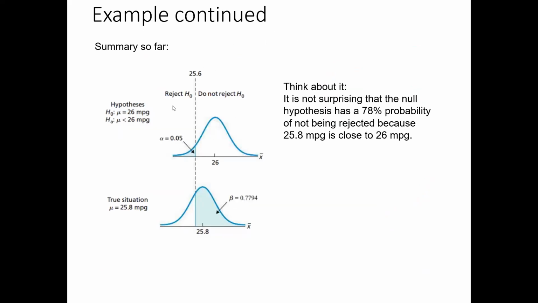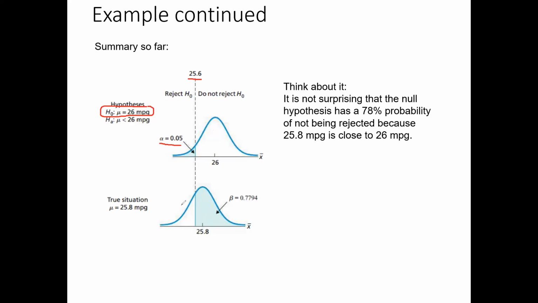So let's just summarize so far. When we start out with a hypothesis, we use our null hypothesis and we assume it's true. So we draw a normal distribution around that null, and we determine using our alpha, which was given as 5%, what is the value where if we have values of the sample mean that are less than 25.6, we would reject the null versus not.